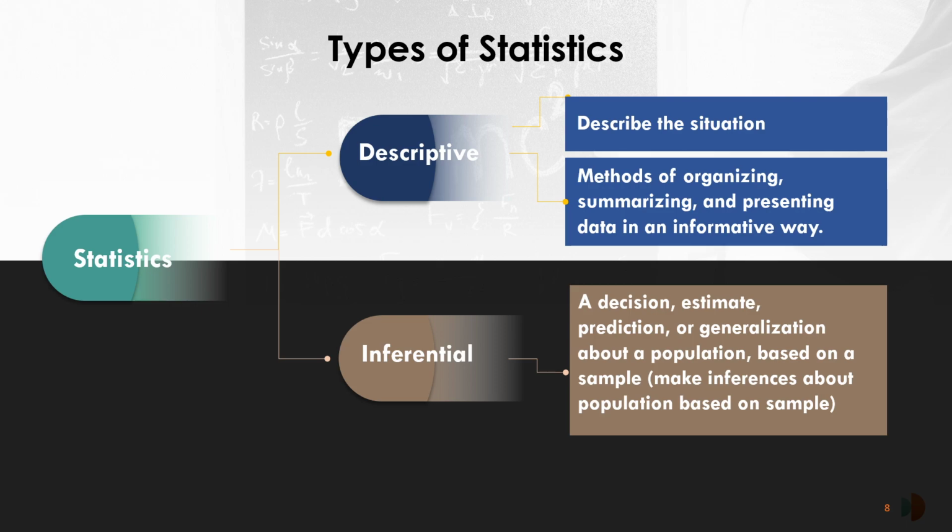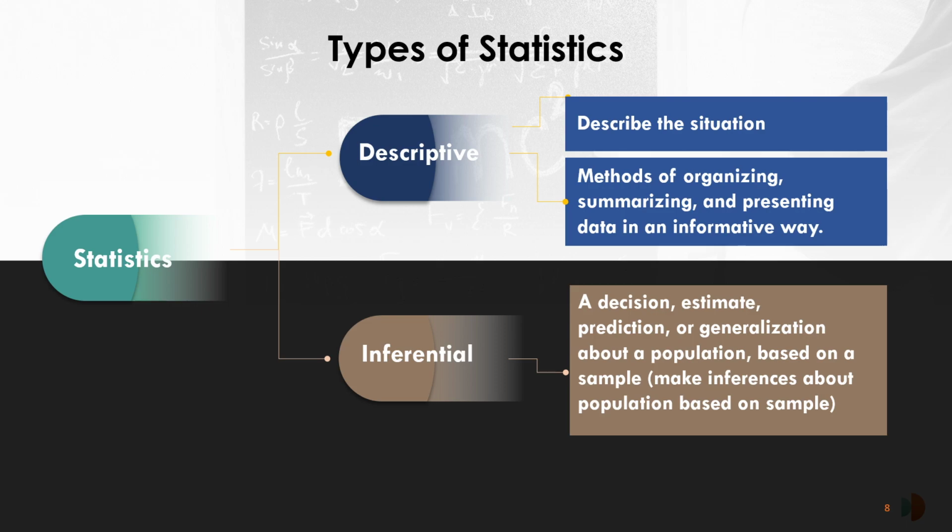That belongs to descriptive. For inferential, we try to infer, based on samples. Suppose we collect data from samples, and now we try to explain the characteristics of the population based on our sample.